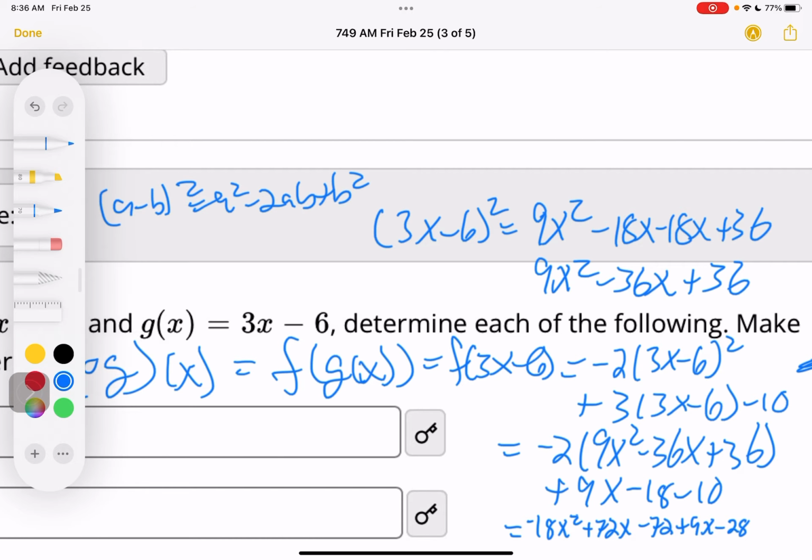So what do we get out of that? That's going to be our minus 18x squared. And then I have 72 plus 9x is 81x. And then minus 72 and minus 28. And do that in my head. Oh, that's 100, isn't it? Negative 100? Yeah, minus 100.